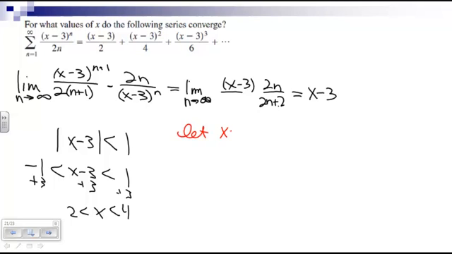Let x equal 2. Let's find out what the series looks like when we're at that one endpoint. I get the series of (2 minus 3) to the nth over 2n, which is equal to the series of negative 1 to the nth over 2n.